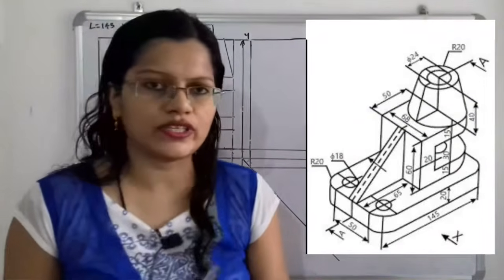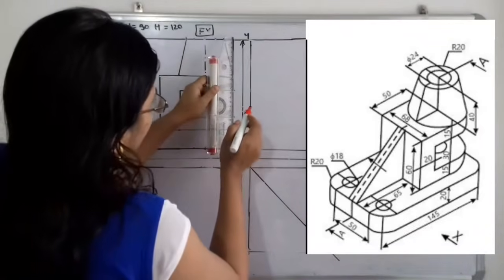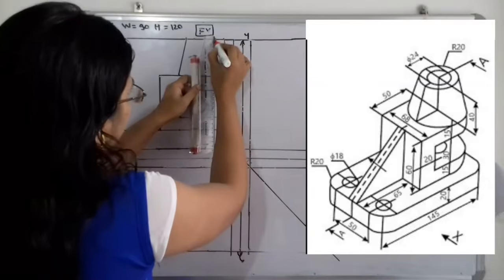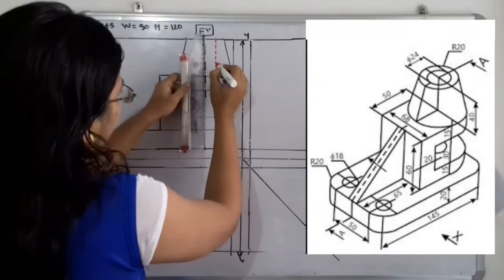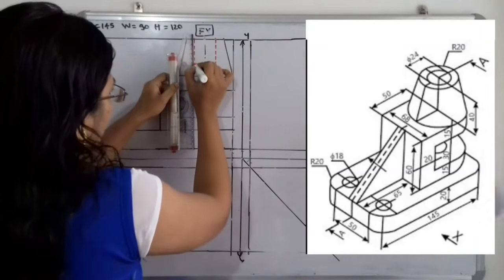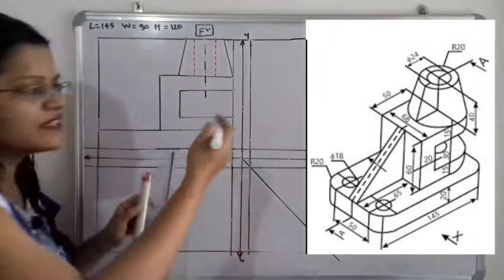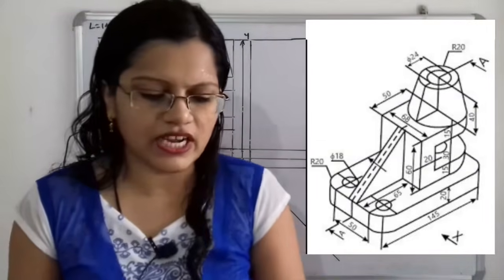So how to show it? So we have to show it in the form of dash. So whatever here is the hole, we can say, it exists, but it cannot be seen from the front view. So we have to show it in the form of this dash.